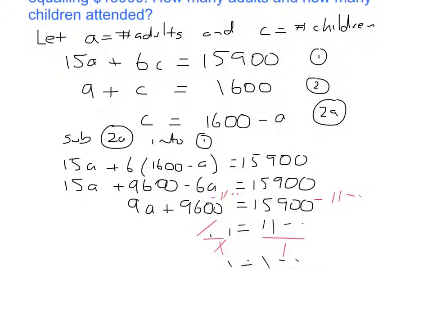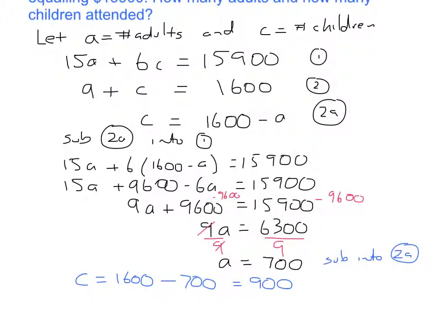Then to find the number of children, we use equation 2A. I'll keep that in blue for now so it looks a bit different. So we've got C is equal to 1,600 take away 700, which equals 900.